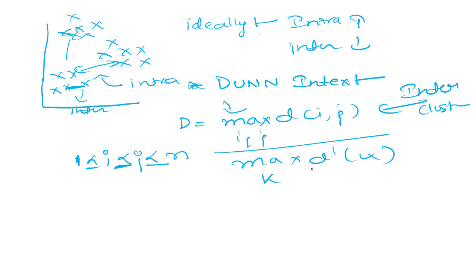And for k, the constraint is that k should be smaller than or equal to n.